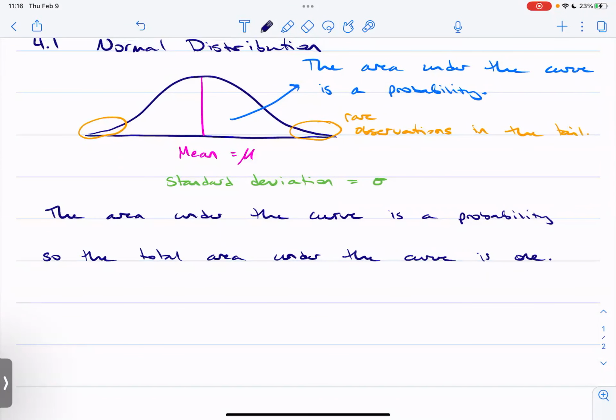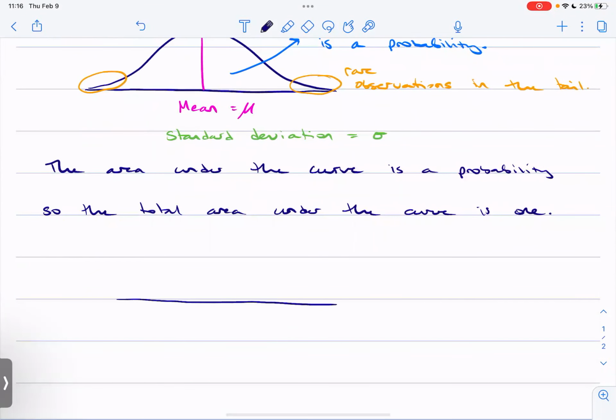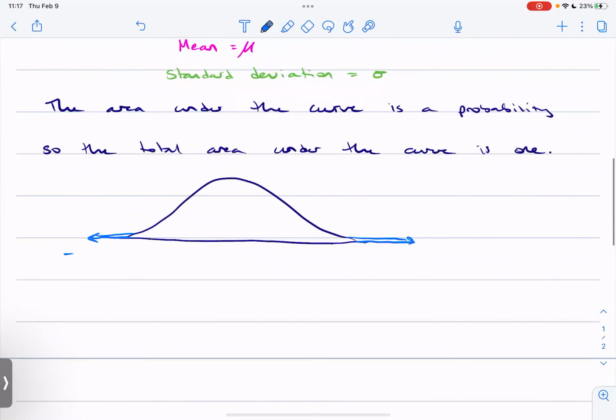As a kind of mind-boggling fact, these tails keep going and going, and they never actually close on the axis. I always draw them closing on the axis because the area becomes very small pretty quickly. But in theory, these tails go to negative infinity and positive infinity, and again, we're centered here at mu.